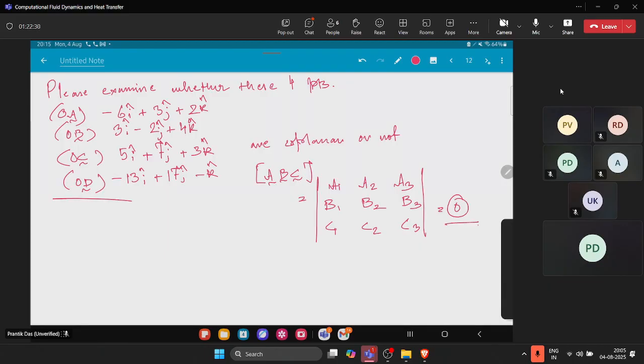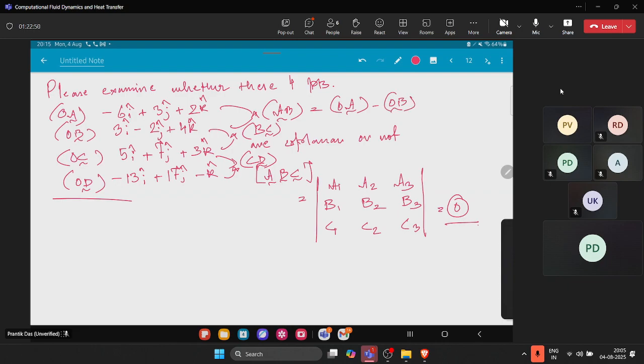You can reduce it like this: this is your AB vector, this one is your BC vector, and similarly this one is your CD vector. AB vector is OA vector minus OB vector.